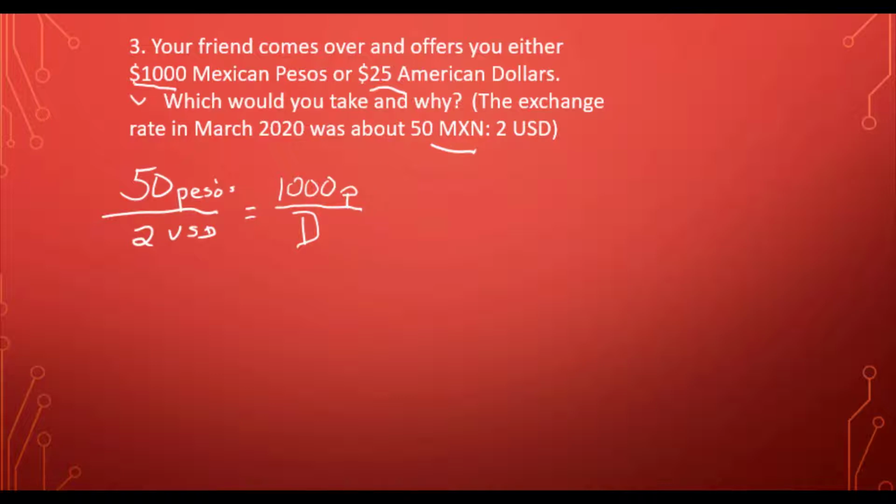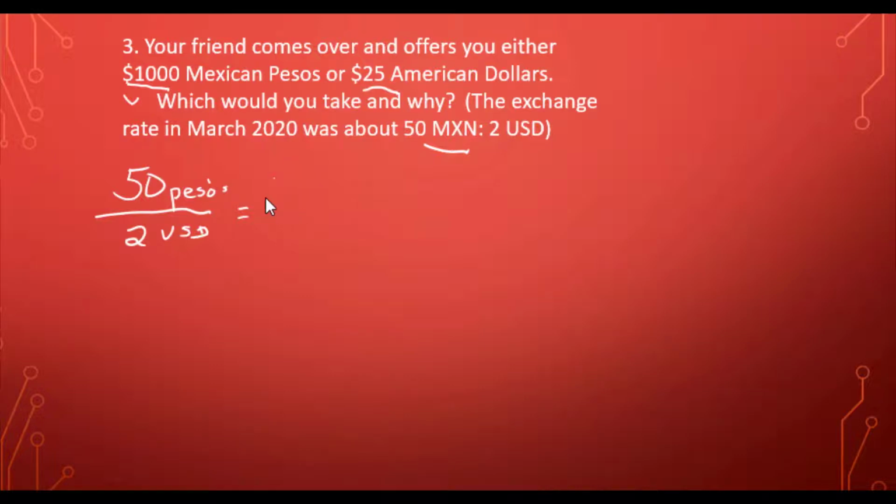Now you can also do it this way. You can say, okay, how many pesos is $25 worth? And if $25 is worth more than 1,000 pesos, I'm going to take it. If it's worth less than 1,000 pesos, I'll take the 1,000 pesos. That's kind of the way I would look at it.